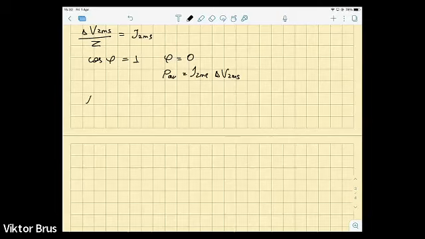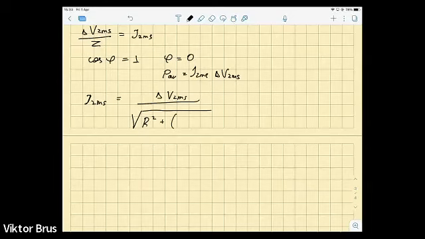I RMS is equal to delta V RMS divided by the impedance of the electric circuit, and that will be the square root of R squared plus (XL minus XC) squared.